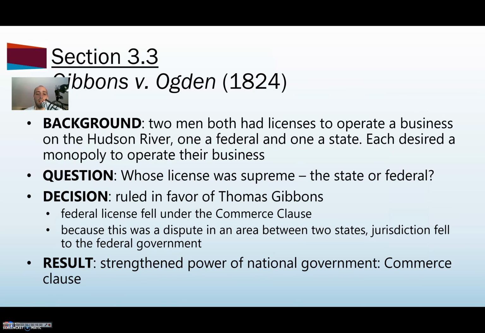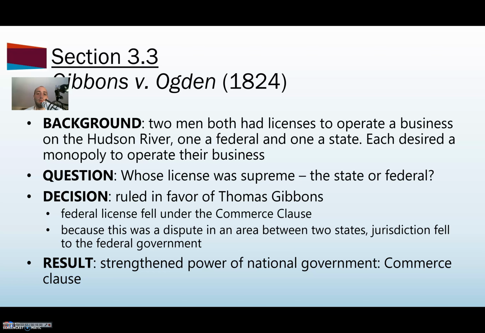So this is not necessarily a foundational Supreme Court case, but this one can be used to help. If you had a question about McCulloch versus Maryland or the separation of powers in federalism, you can use this Supreme Court case to help you. Now, basically what happens here is that two men had licenses for their own business on the Hudson River.